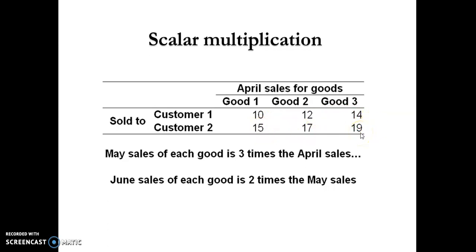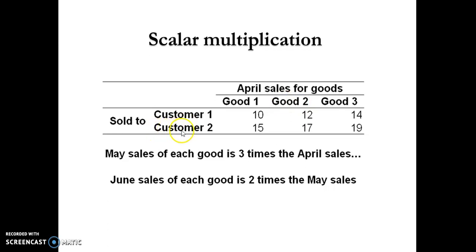So how would I read this? Let's just take a random number. I could say, how much of good 2 would customer 1 purchase? Then I would find that if I have a look in this row and I find the column for good 2, customer 1 would purchase 12 of good 2. And let's say I asked you, how much of good 3 would customer 2 purchase?